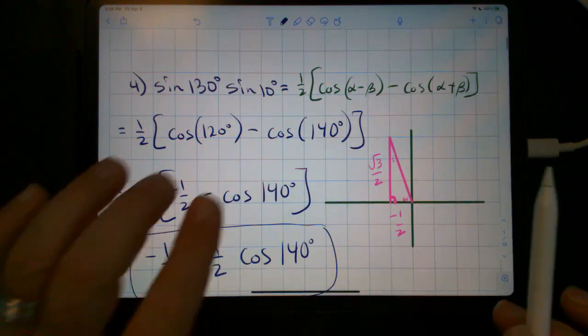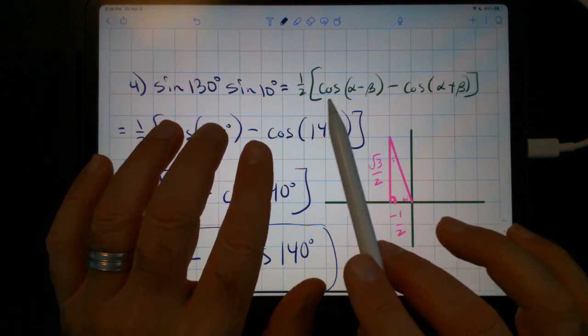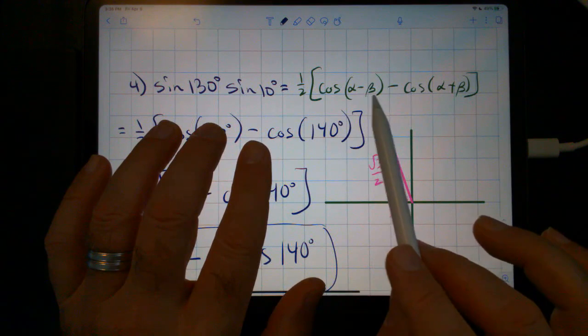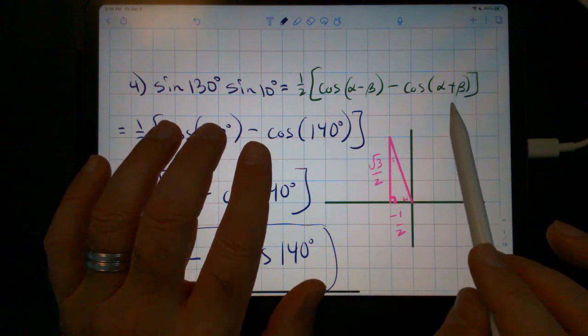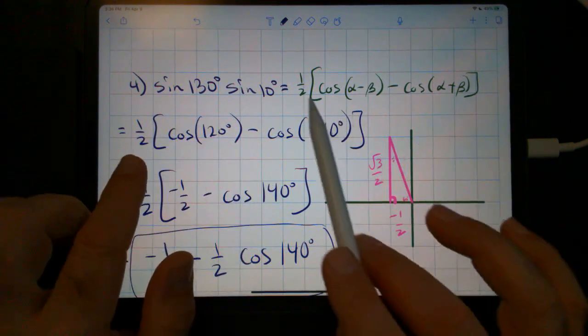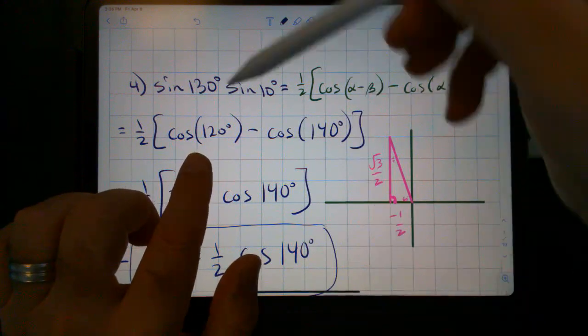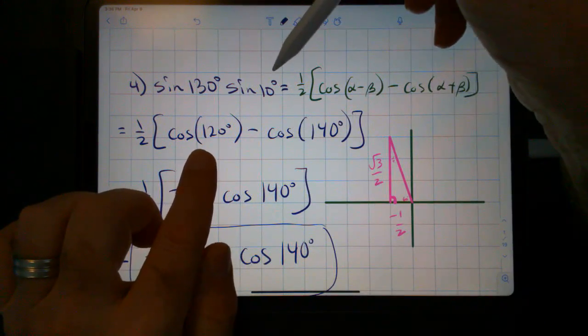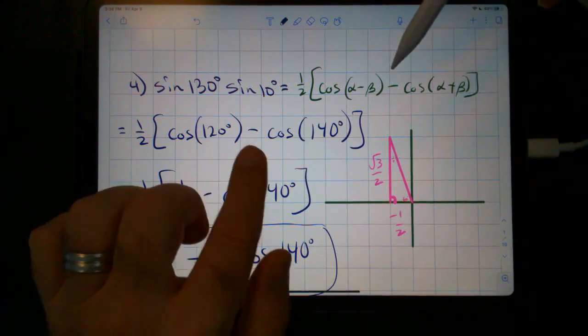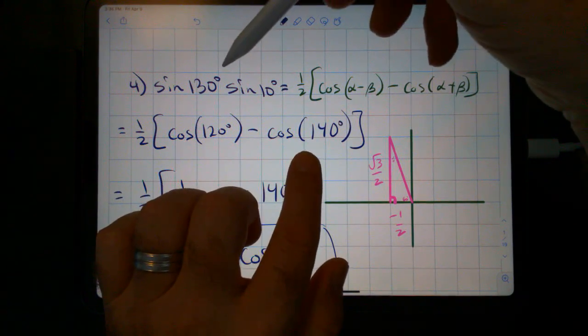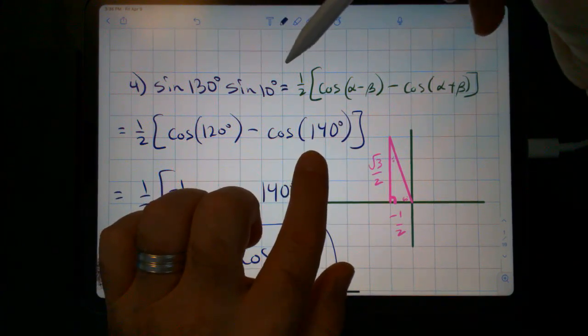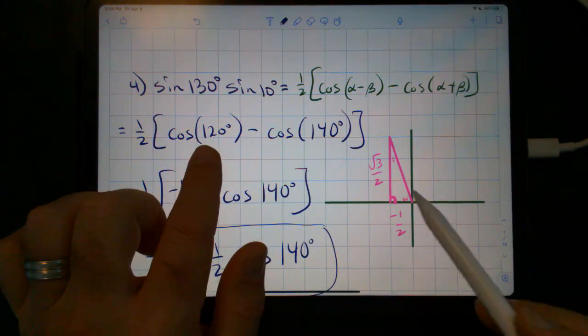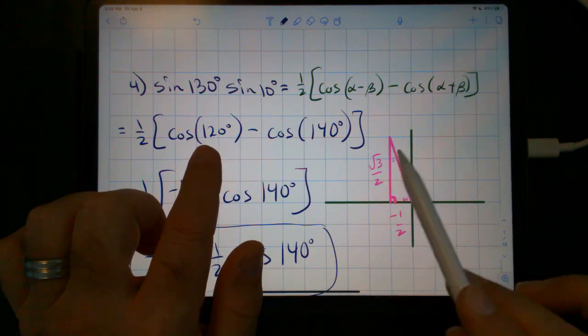Number 14, this has the basic structure of 1/2 cosine alpha minus beta minus cosine alpha plus beta. So we have our 1/2 times 130 minus 10 is 120, and then minus cosine of the sum, 130 plus 10 is 140. Cosine of 120, this is going to be in quadrant 2.